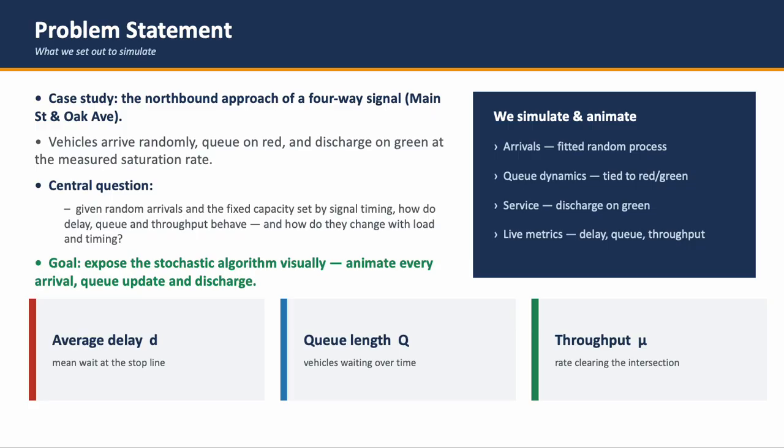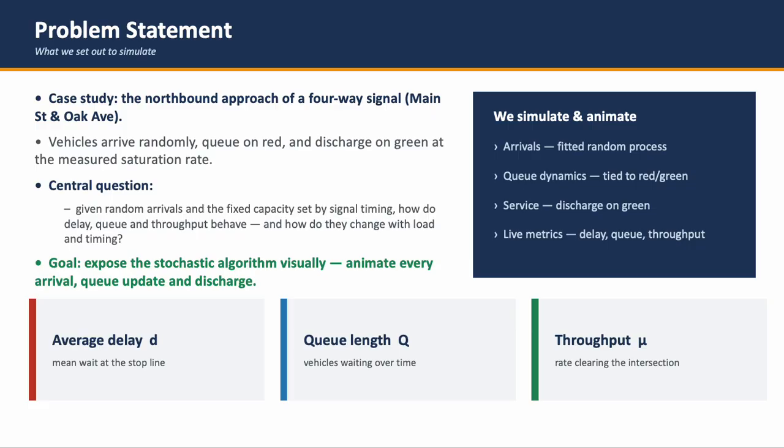The central question is, given those random arrivals and the fixed capacity set by the signal timing, how do three things behave? The average delay per vehicle, the queue length over time, and the throughput, meaning how many cars clear per hour. And just as importantly, how do they change as traffic gets heavier or as we change the signal timing?